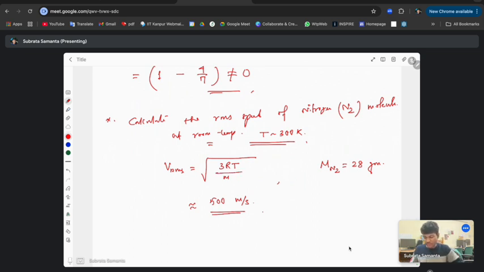The RMS speed is the square root of 3RT by m.